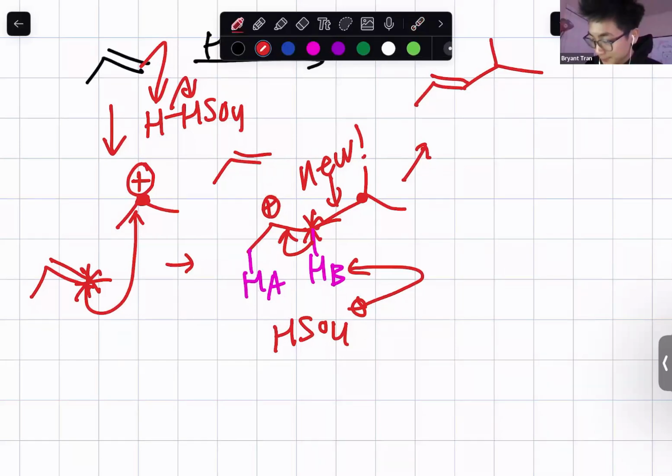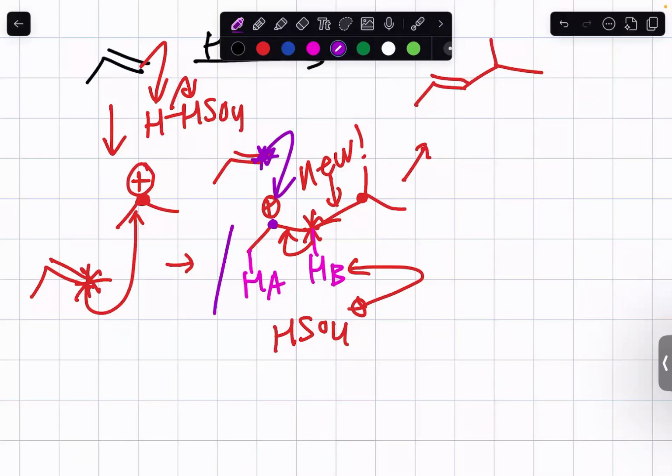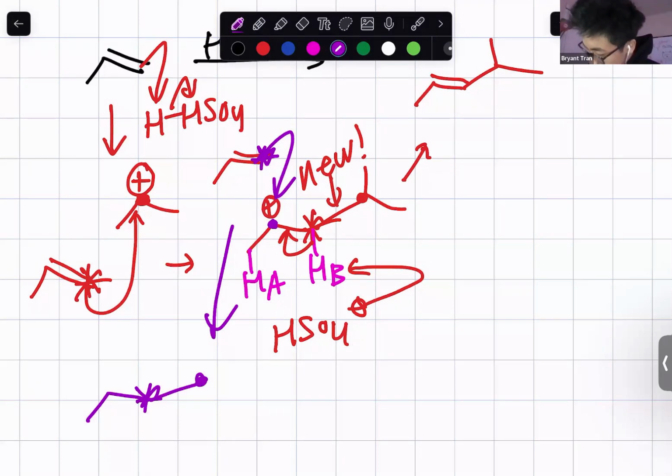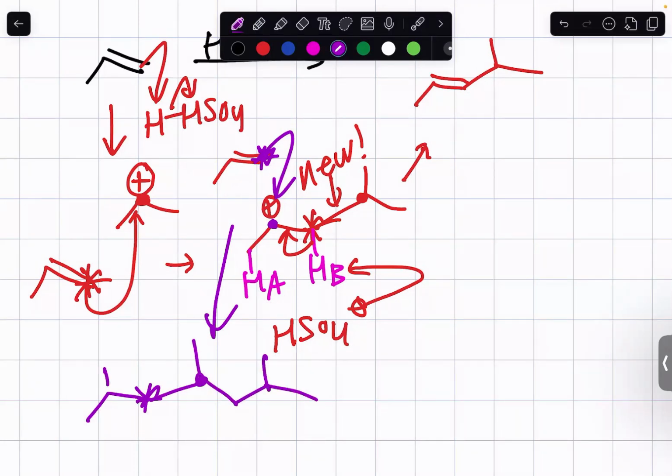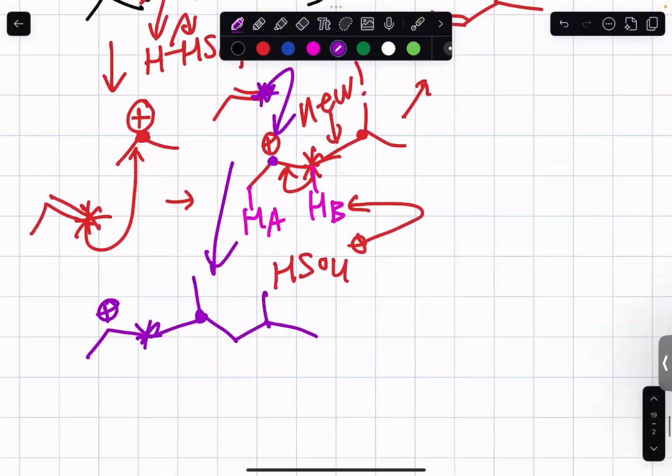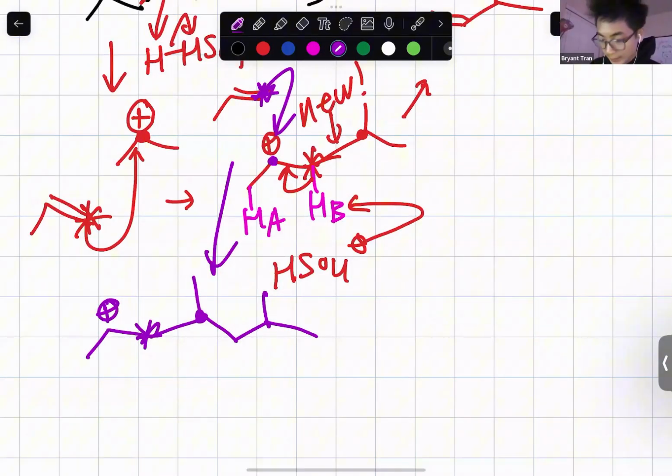Because if I do it one more time, let's say this is the star, this is the dot, star attacks the dot, we would get this right here, star, new bond between star and dot, dot is attached to a methyl group, and this whole R group right there, positive charge right there. And then we do the same E1 type mechanism at the end.